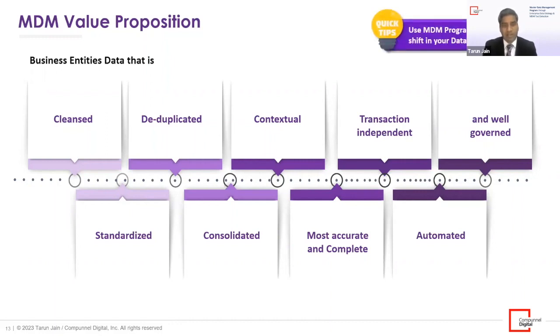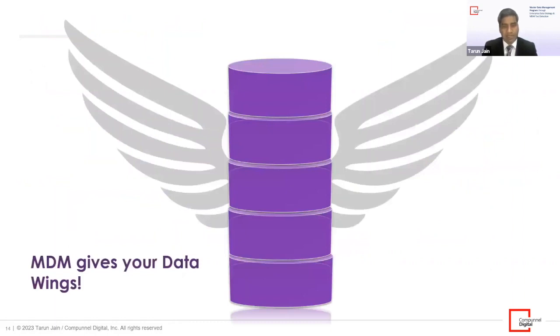So in a nutshell, the way I put it is MDM gives your data wings. Probably you have heard that somewhere else as well. But essentially, your business processes fly with the data that has improved quality, entrusted by the MDM system and its governance system. And once your data has wings, your business processes really fly.